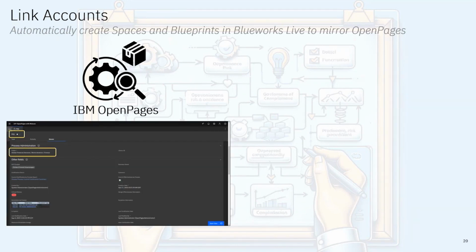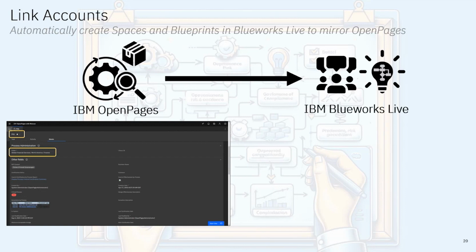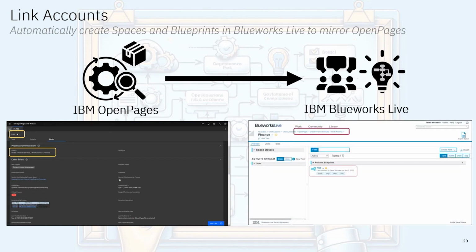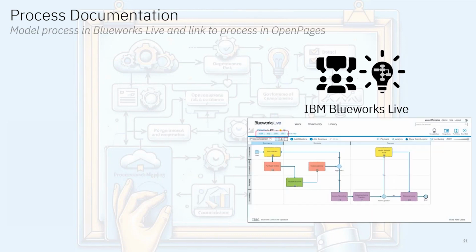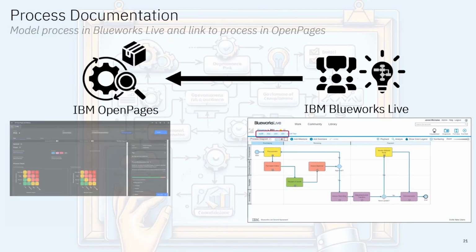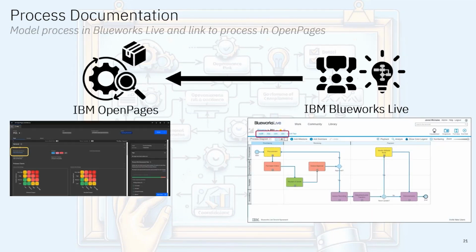You can see in this view where we are documenting this process P01, and we are able to look at that folder structure, look at the space structure, and we can replicate that inside of Blueworks Live, right? That allows us to have that same folder structure, the same tags, the same process name, and we can then use that information, document the process, and then link that process inside of OpenPages.